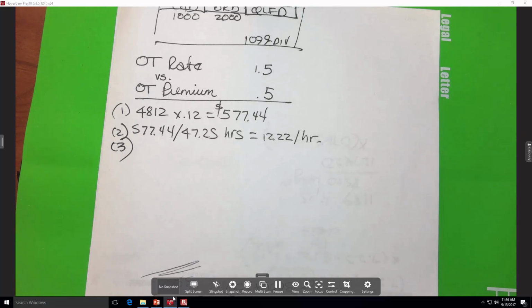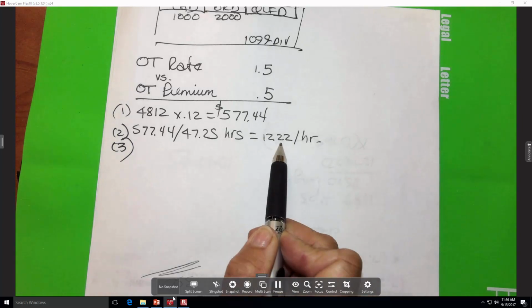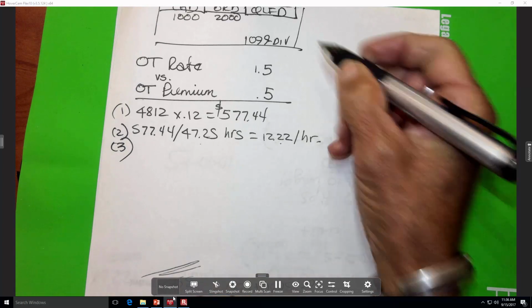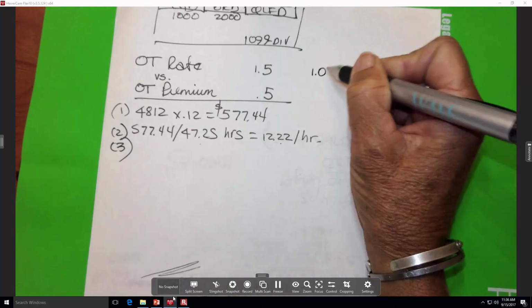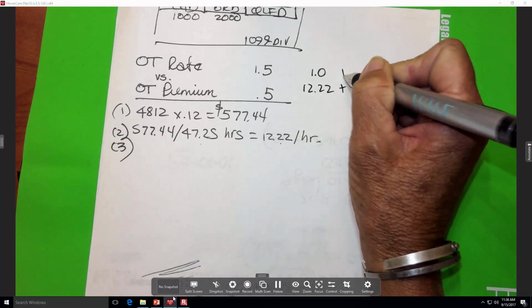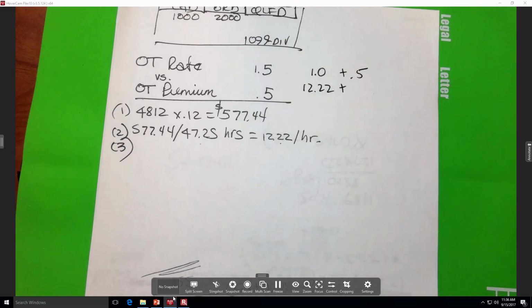See that? So I just need to tack on the what? The premium. Do you guys see what I'm saying? Because this $12.22 an hour, he's paid for the full 47.25 hours. So I'm already paying him the $12.22. I need to tack on what? The 0.5. So figure out the overtime premium.